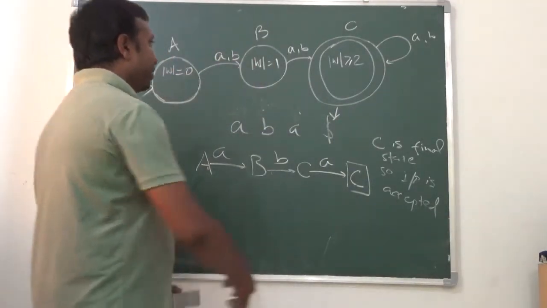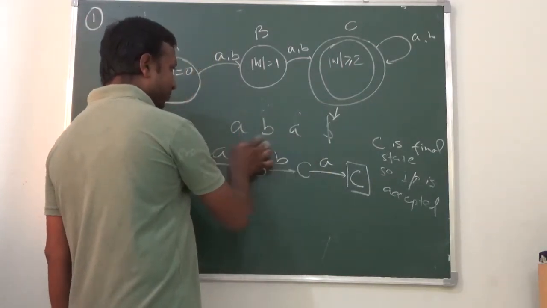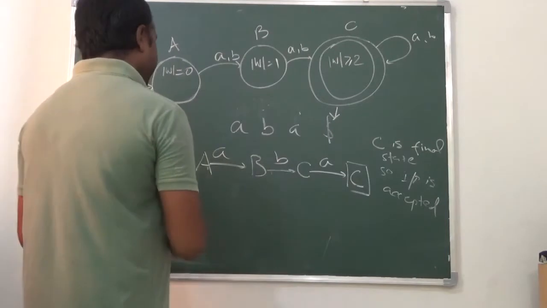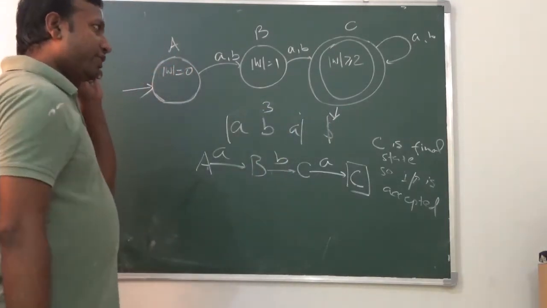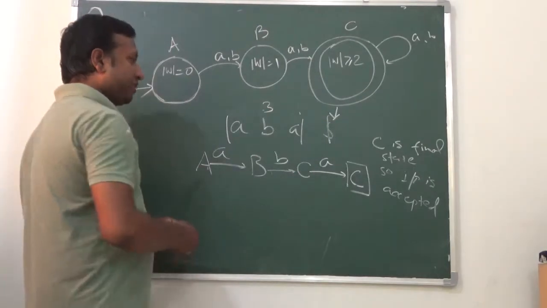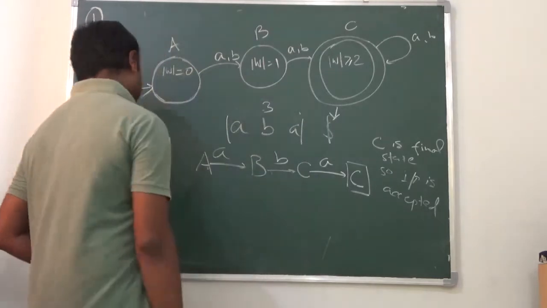Why? Because the length of this input is equal to 3, and we should accept all strings whose length is greater than 2. So it should be accepted.